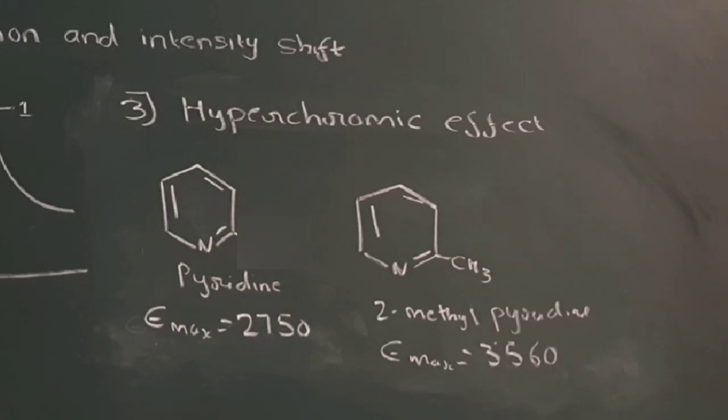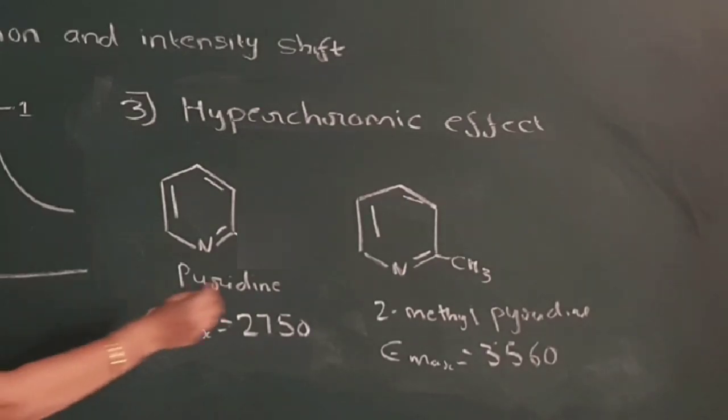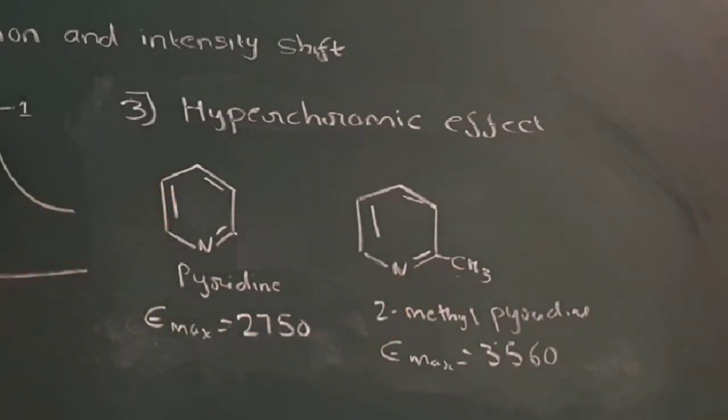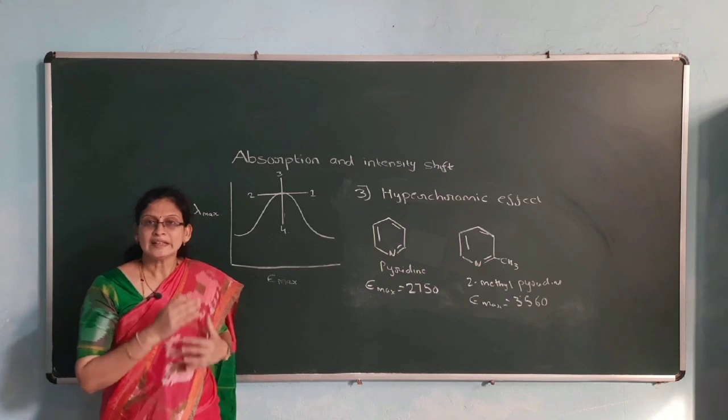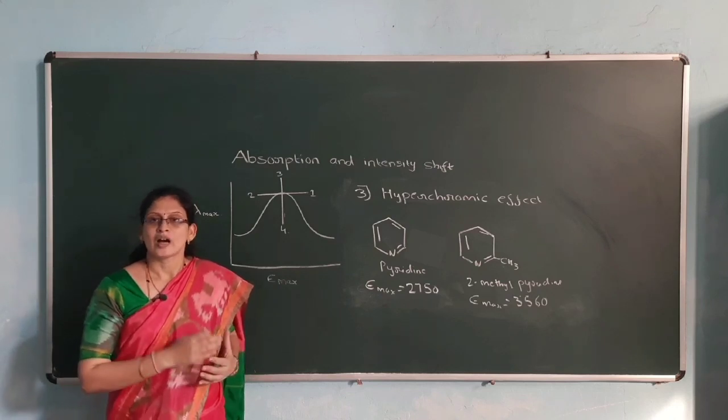See here, pyridine shows the intensity of absorption of 2750. The methyl group is introduced at the second position, that is 2-methylpyridine, and the intensity of absorption is increased to 3560. So this increase in the intensity of absorption is due to the auxochrome methyl group. The addition of auxochromes increases the intensity of absorption.